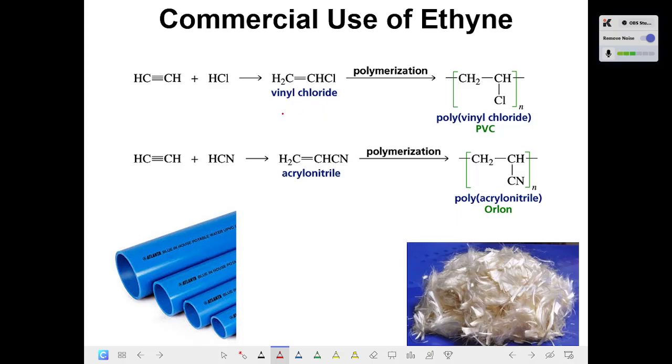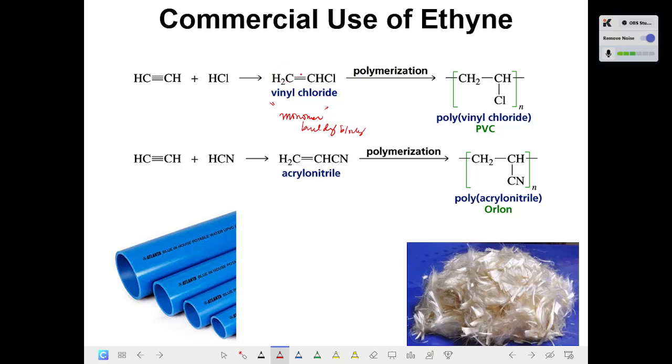Ngayon, this vinyl chloride, this will serve as your monomer. So when we say monomer, this is your starting material or building blocks. So building blocks natin yan. These monomers will undergo polymerization. We say polymerization, hahaba siya.